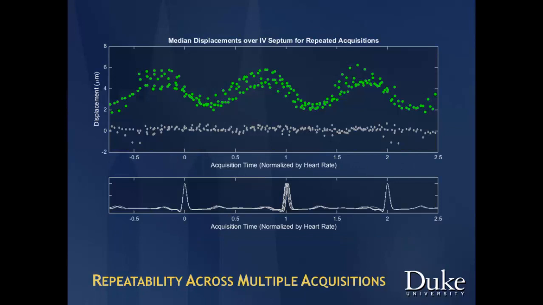There are 4 different patients. So here for one of the patients, we're looking at all the different measurements of displacement through the entire cardiac cycle from, I want to say, 4 or 5 different acquisitions that have all been now overlaid. Each acquisition covered, I think, 2 beats, which is why you have a few more points in the middle.